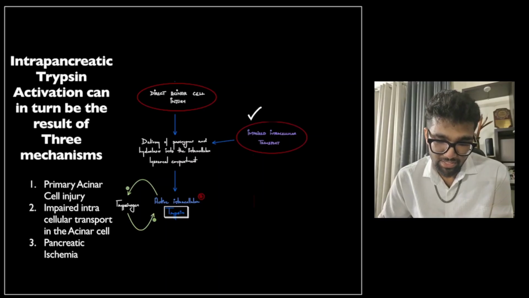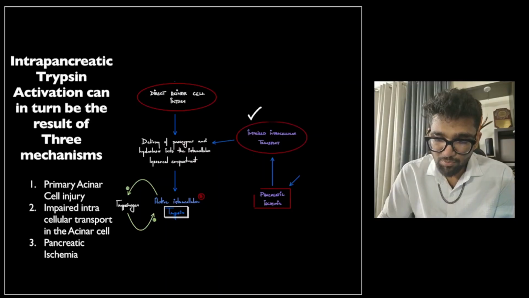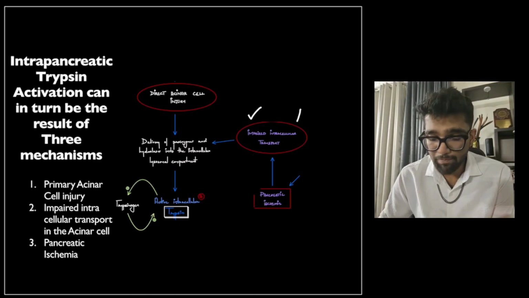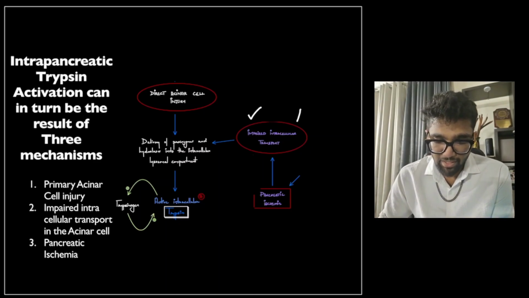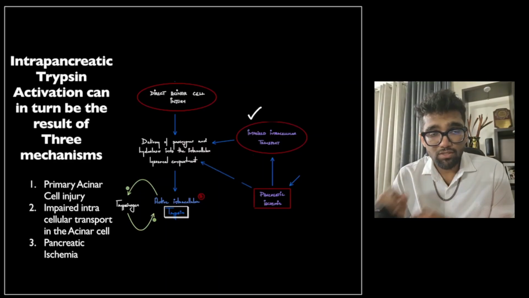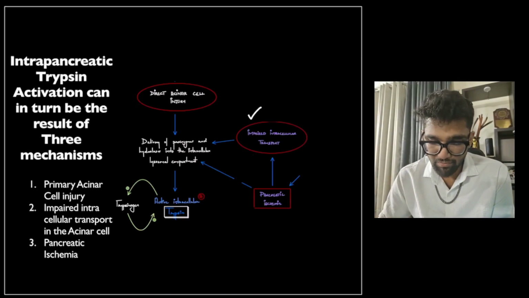Now, pancreatic ischemia causes impaired intracellular transport because obviously intracellular transport requires ATP, and ATP requires oxygen supply. So if the partial pressure of oxygen within the pancreas falls, there is impaired intracellular transport. Now, importantly, when you have pancreatic ischemia, there is also abnormal fusion of lysosomes with these intracellular vesicles, and that causes further trypsin activation.